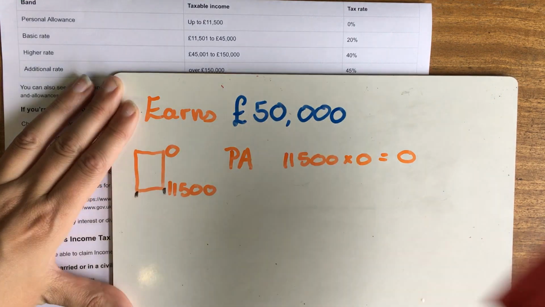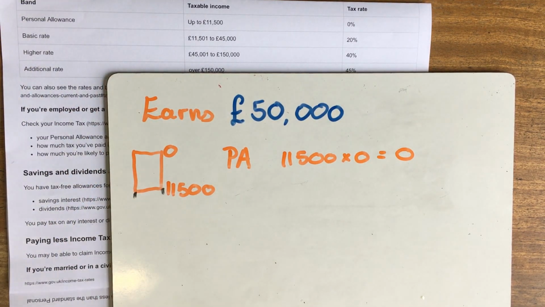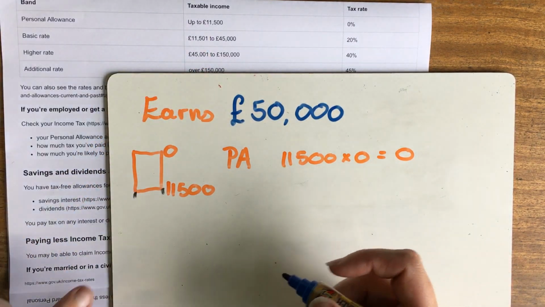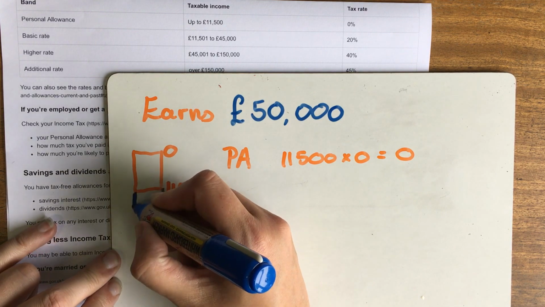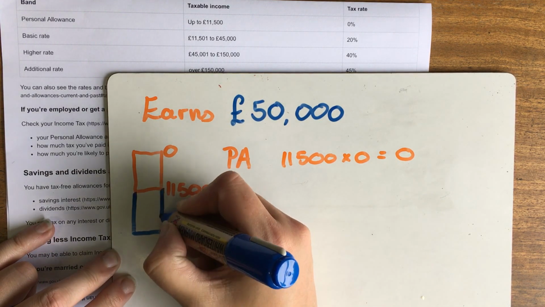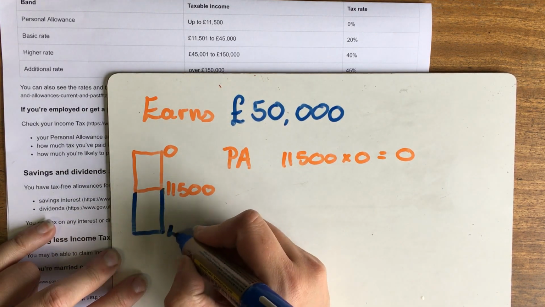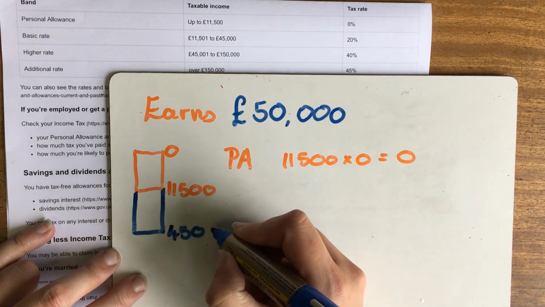Our basic rate only goes up to 45,000, so our next chunk is only going to go up to 45,000.